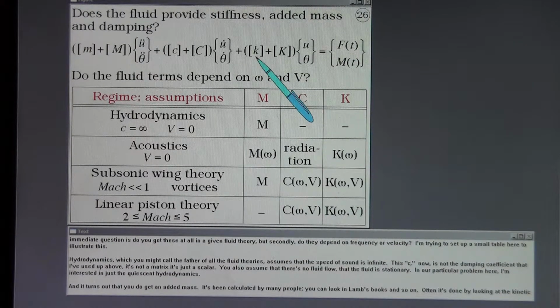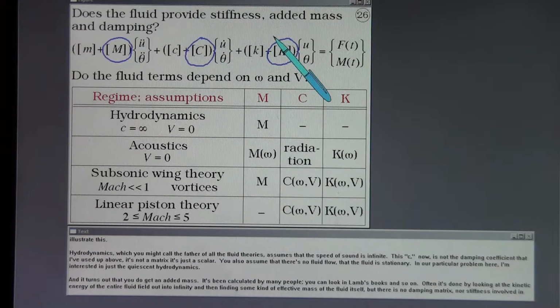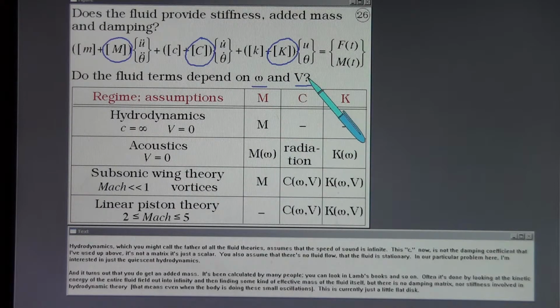But the uppercase matrices M, C, and K are those contributions from the fluid. So an immediate question is, do you get these at all in a given fluid theory? But secondly, do they depend on frequency or velocity? And I'm trying to set up a small table here to illustrate this.